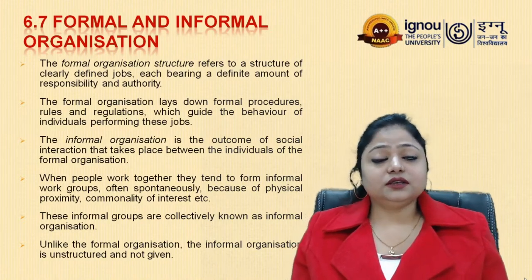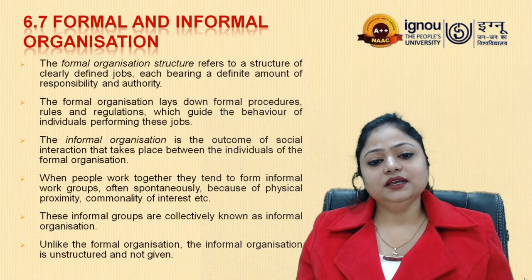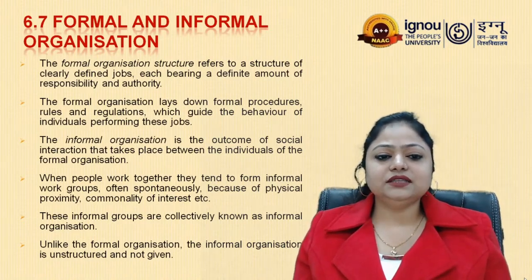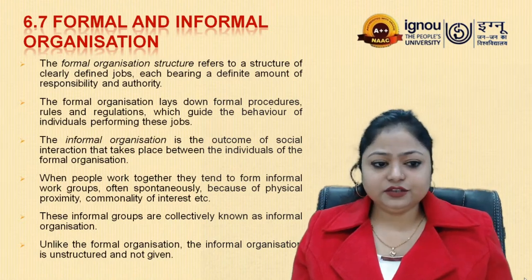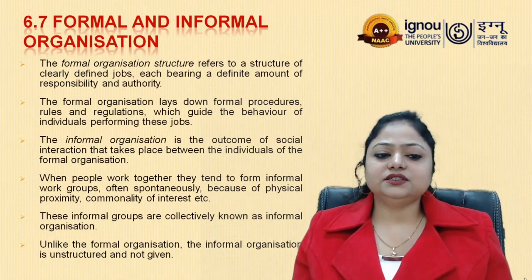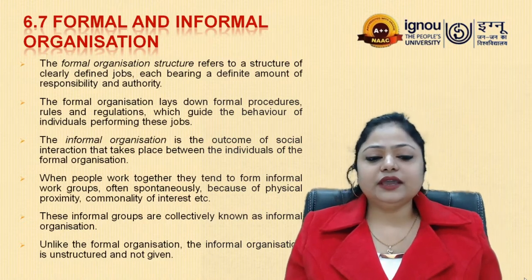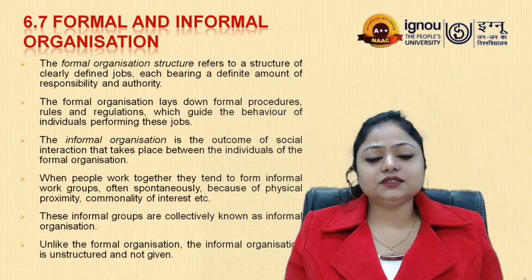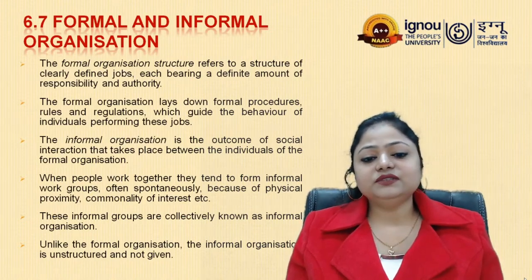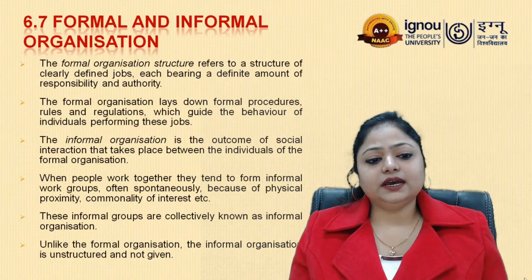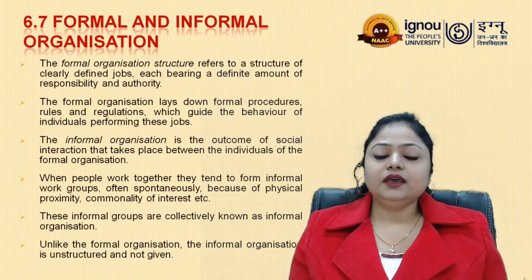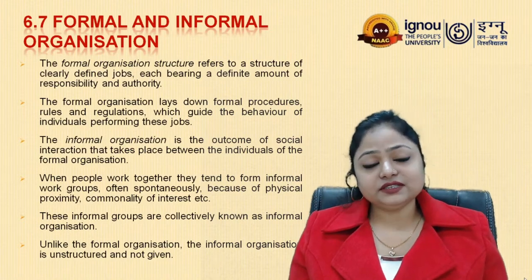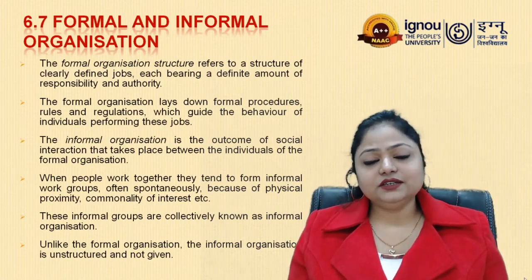Now, what is informal organization? It is the outcome of social interaction and interdependence that takes place between the individuals of a formal organizational structure. When people come together and work together, they tend to confide among themselves and form informal connections and work groups. This often happens because of physical proximity and commonality of interest.